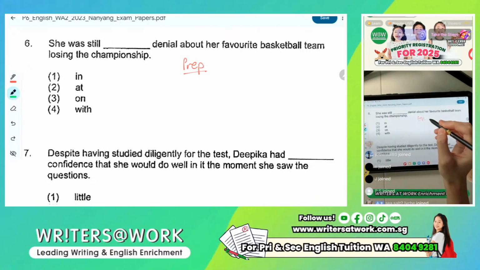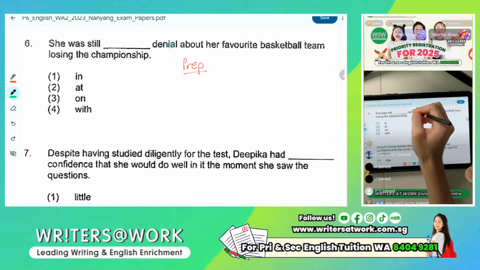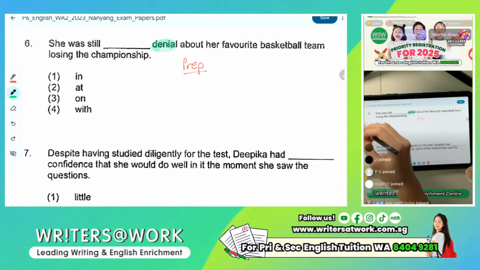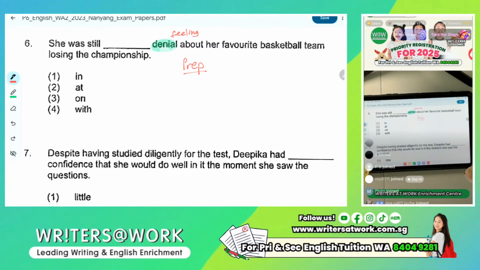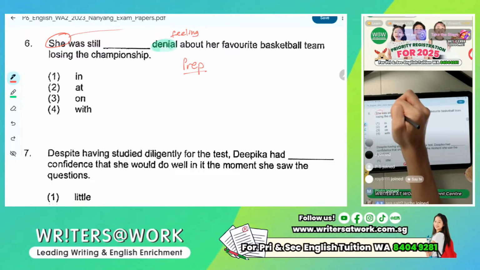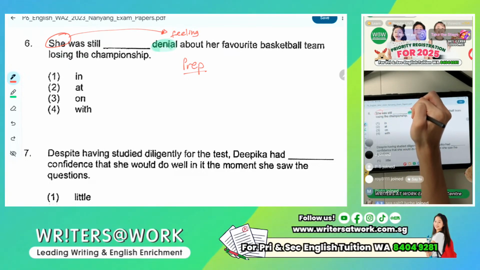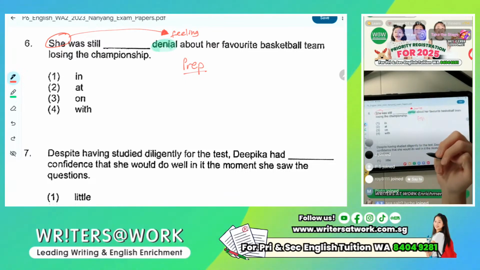The first thing we observe is denial. So this is a kind of feeling or emotion. Now we are looking at how this girl is experiencing this feeling after something unfortunate happened, which is the basketball team losing the match.